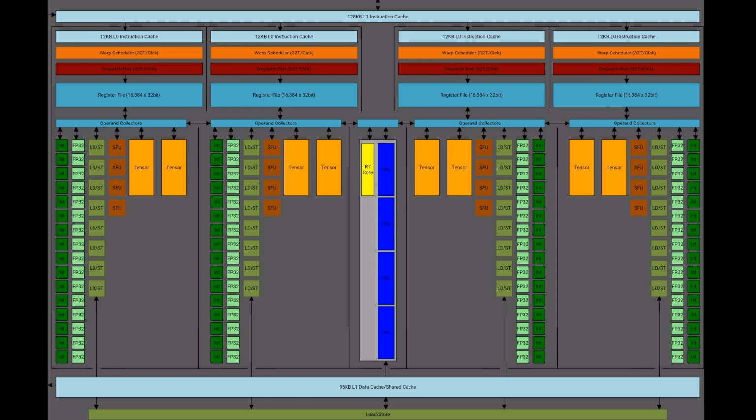But the other 16 threads, rather, can choose between either integer, special function units, as Nvidia has aptly named them, or they may utilize their tensor cores, which is a mixture of matrix and very low precision mathematics that you'll see widely used in things such as DLSS.